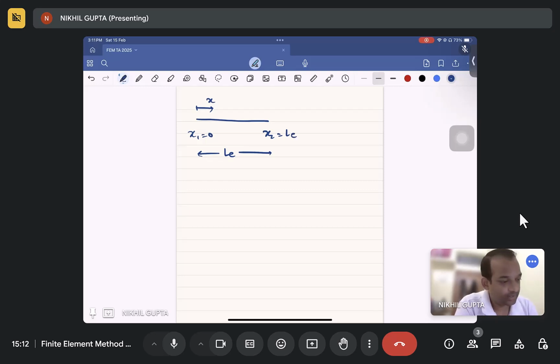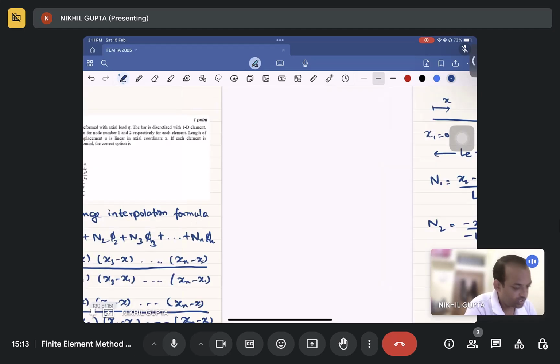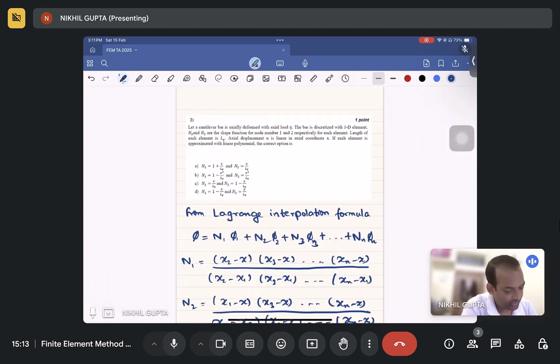Now our N1 will become (x2 minus x) upon Le. If you write this, x2 is itself Le, so (Le minus x) upon Le. Similarly, N2 is x by Le. So if you see the options, you will get the correct answer as D.